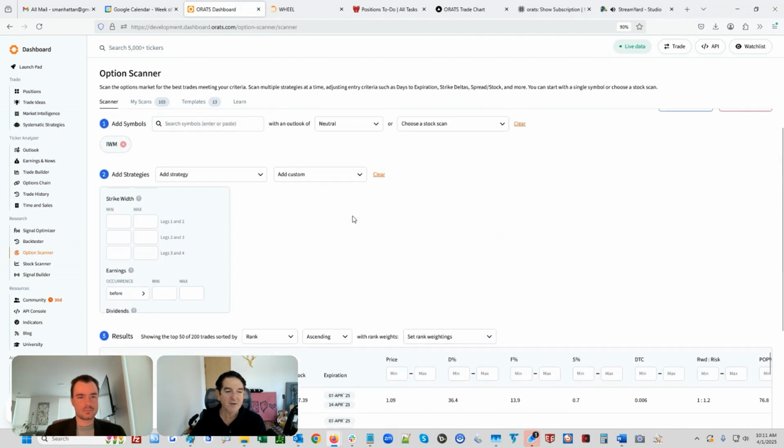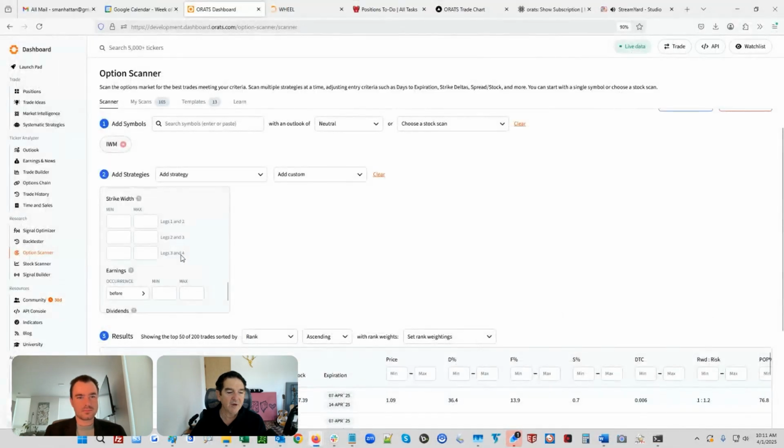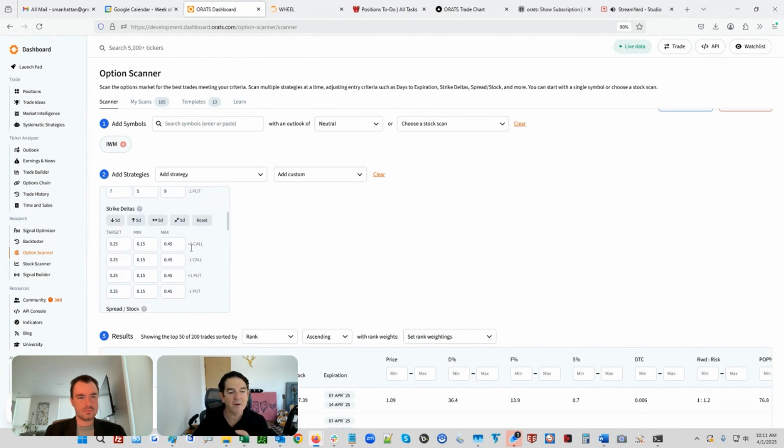Another thing we may want to do is set the strike width. This is where you could say, I want the long closer to the money or farther away. In this case, I want to do more of a farther away one, because if it goes up to it, both of them are going to increase in price.